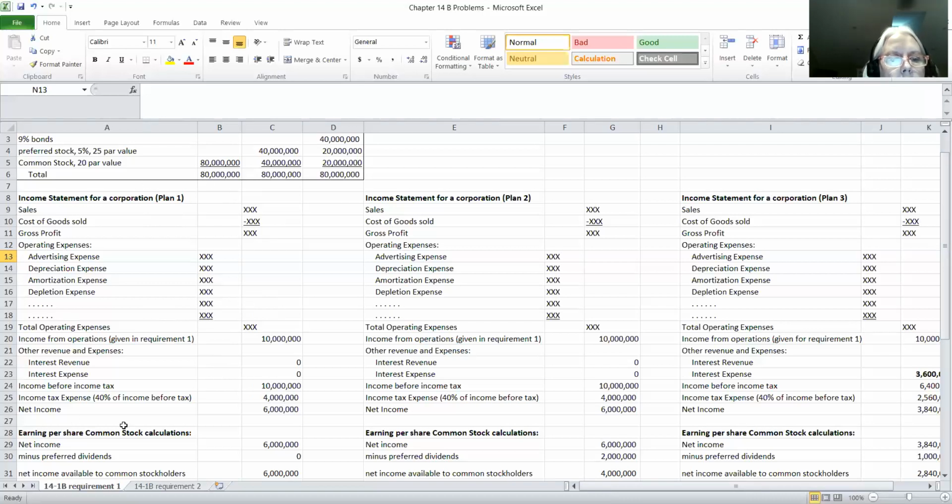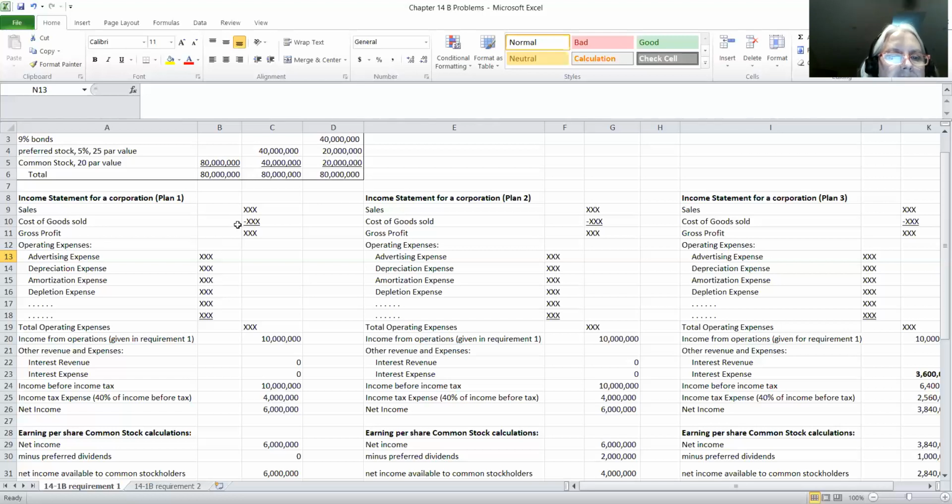This is a corporation form of an income statement. We would start with our sales, which is our revenue account. And then you would subtract from that the cost of your goods sold. You'll remember that that was the largest expense that you had for a company, and that your sales revenue would be your major form of revenue for this company.